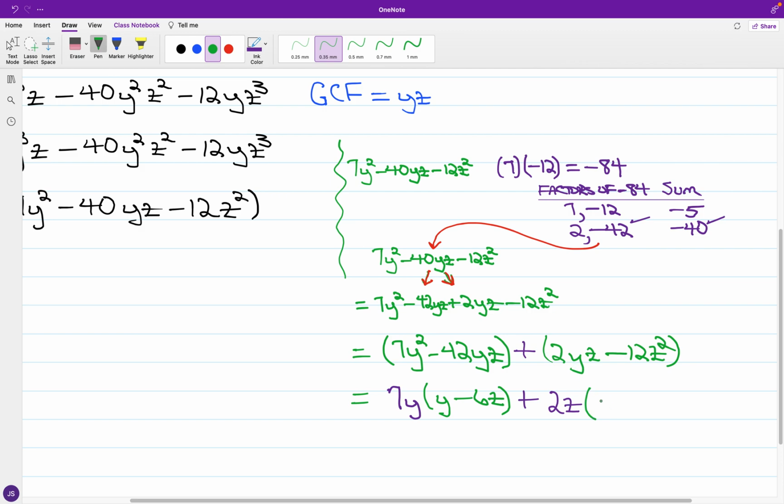So we're going to have y minus, and 2 into 12 is 6, z into z squared is z. And again, from this factoring by grouping, we have the common binomial with y minus 6z. And combining the outside terms in operation, we have 7y plus 2z.